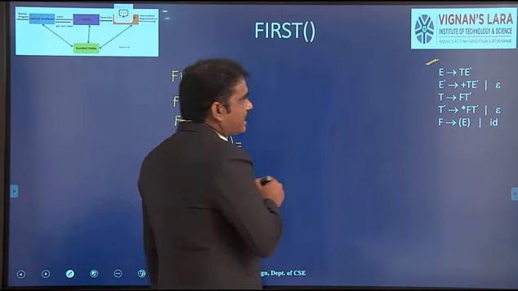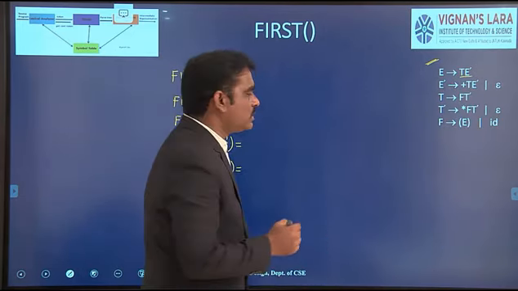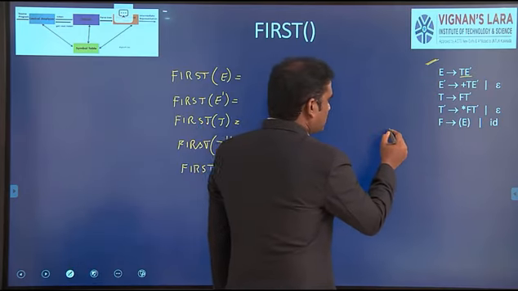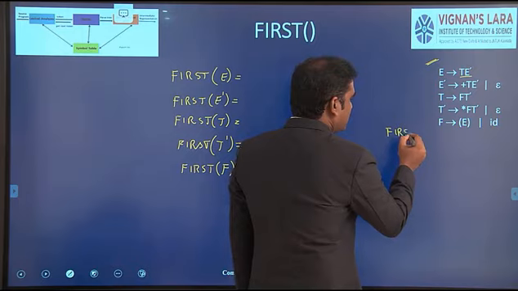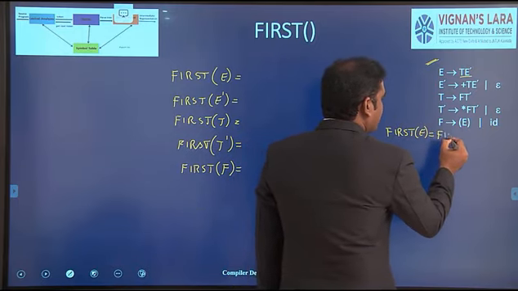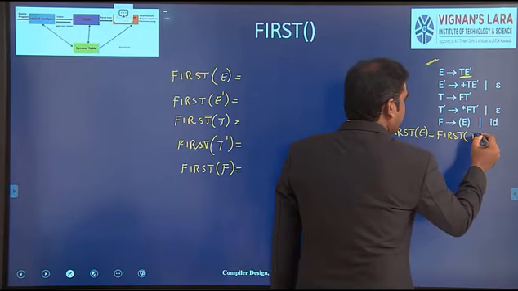So first of E means, what is the first symbol? Write it this way: first of E equals first of the right hand side symbols, that is TE dash.